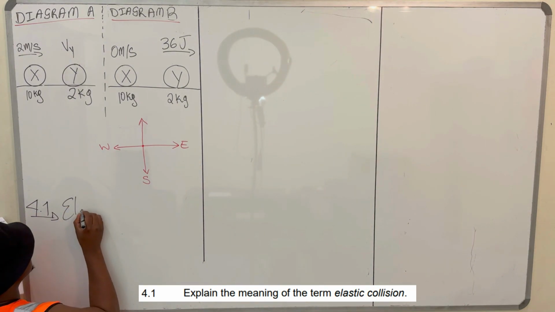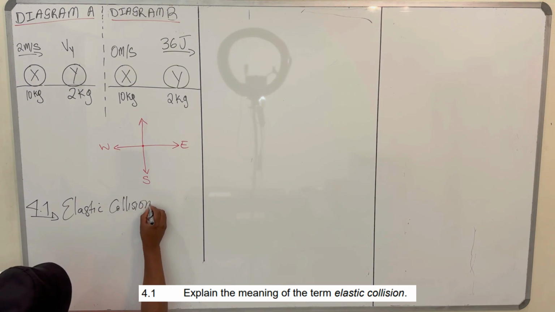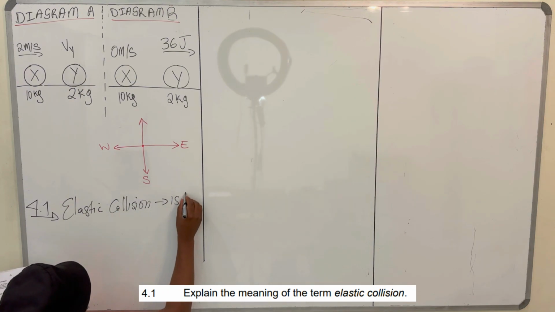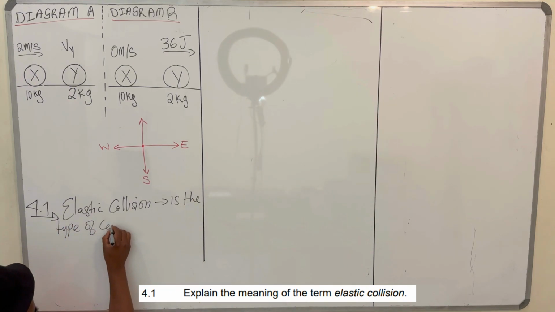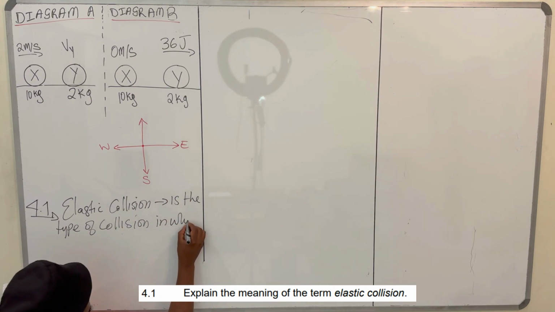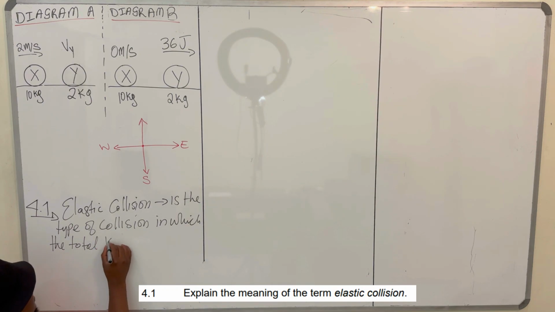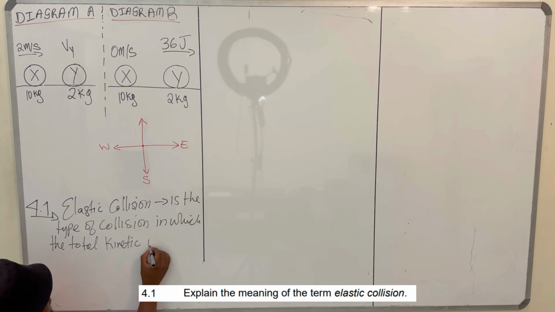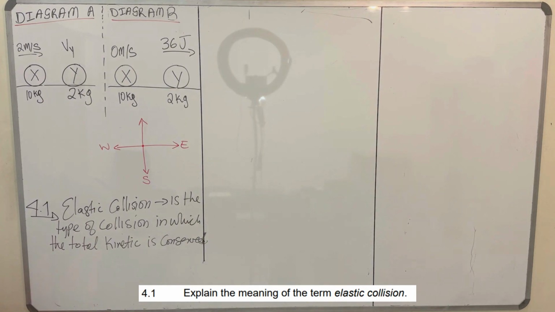Elastic collision is the type of collision in which the total kinetic energy is conserved.